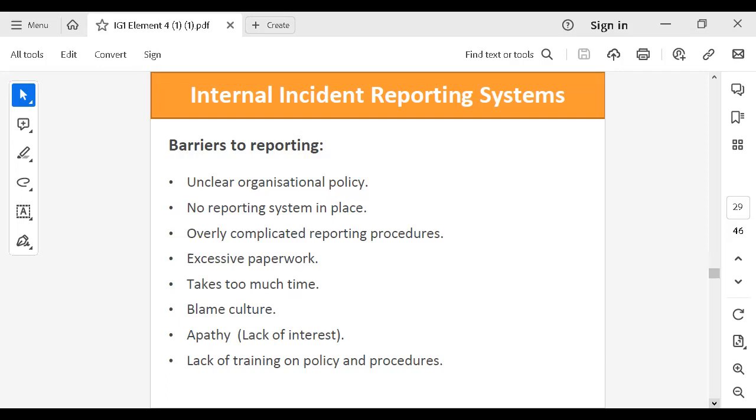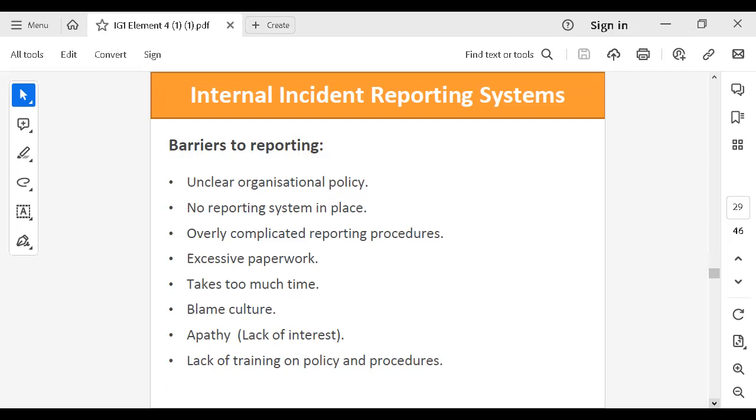No reporting system in the company. Overly complicated reporting procedures; maybe the forms and documentation provided by the company are too complicated. Excessive paperwork takes too much time.